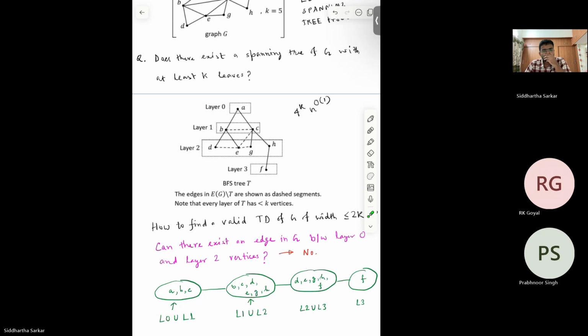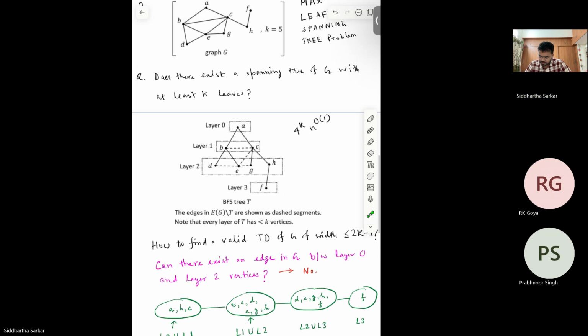Now the crucial property is the connectedness property. You consider any vertex, let us say this vertex G. Those bags where this vertex has appeared should be connected. G is part of layer 2 only, so which bags have layer 2?